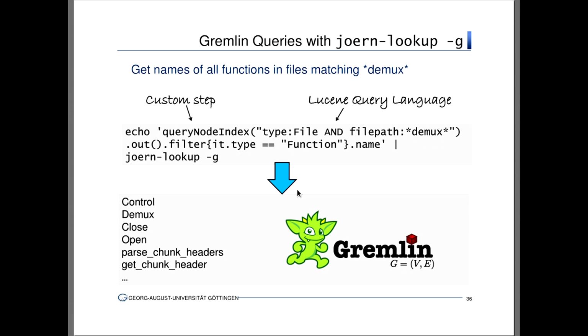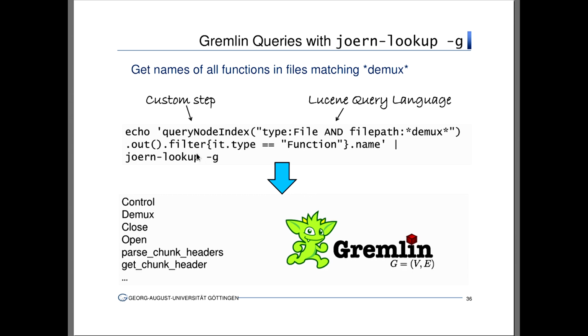You can also insert these Gremlin queries. And here I've created a custom step called query node index. You can pass a Lucene query in here to get a start node. But instead of just returning those nodes, we can now start traversing the graph starting from those nodes.